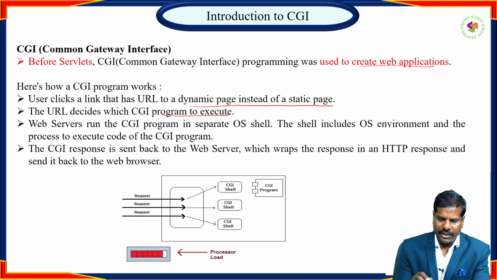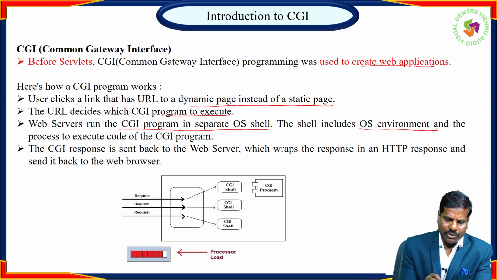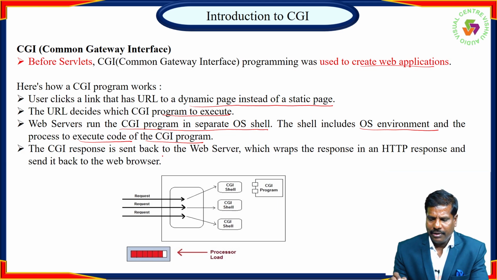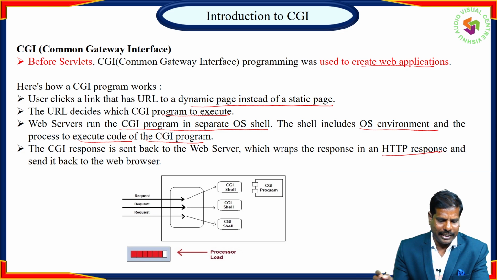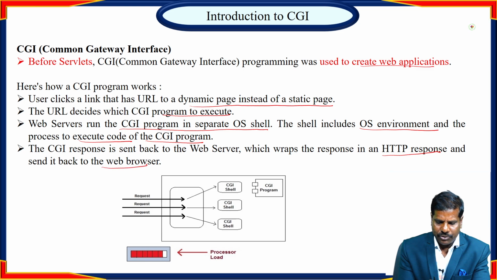The web server runs the CGI program in a separate OS shell. The shell includes the OS environment and the process to execute the code of the CGI program. The CGI response is sent back to the web server, which wraps the response in an HTTP response and sends it back to the web browser.